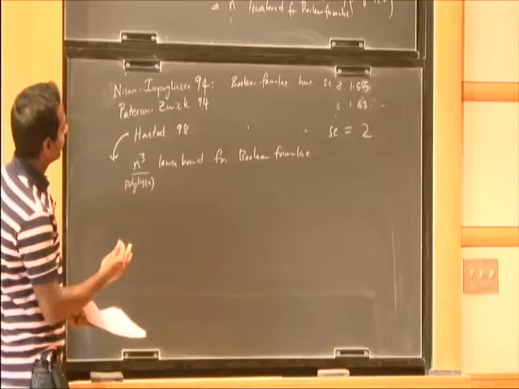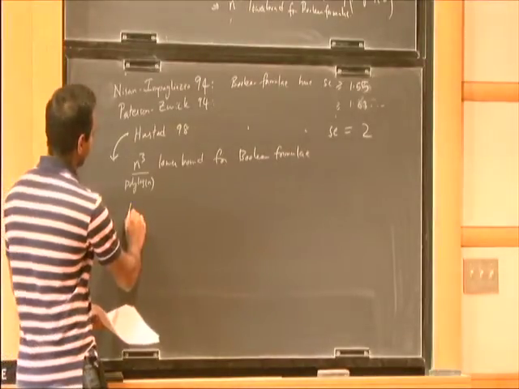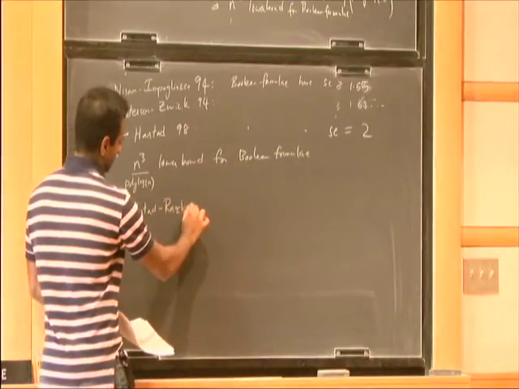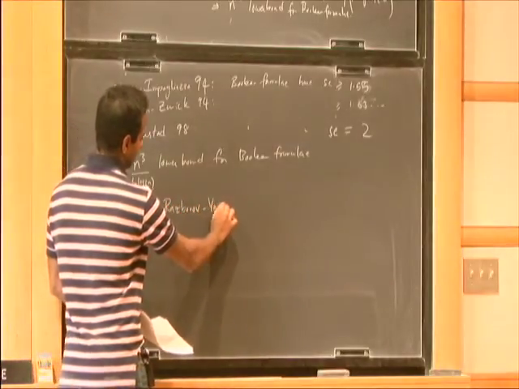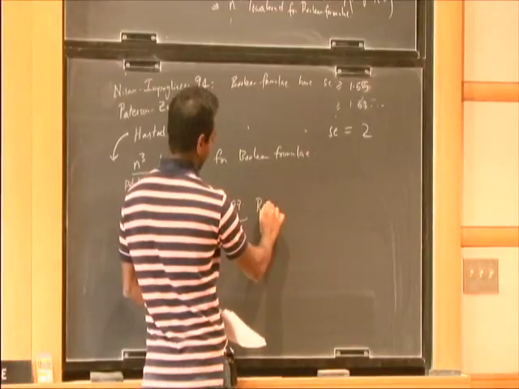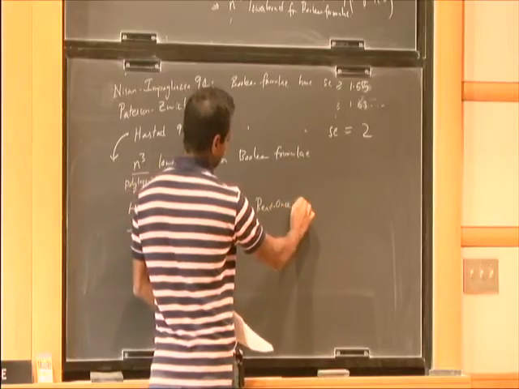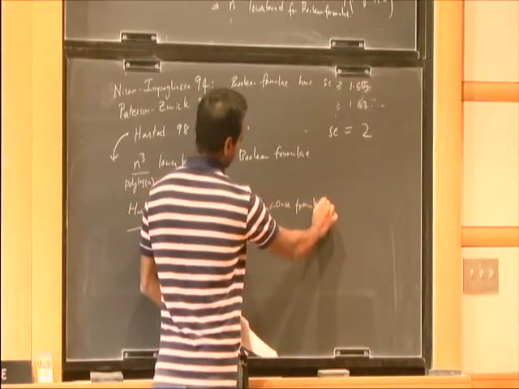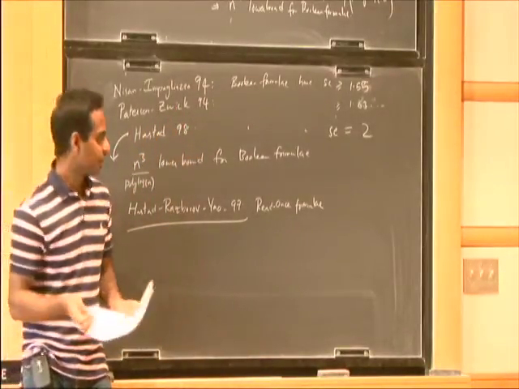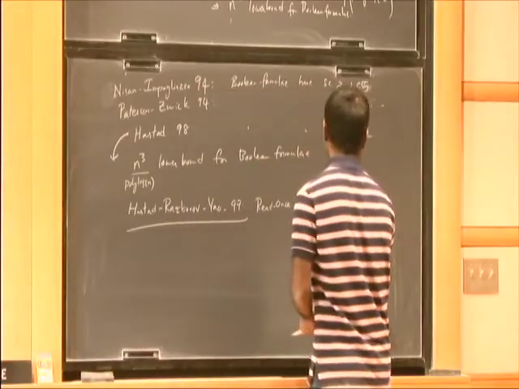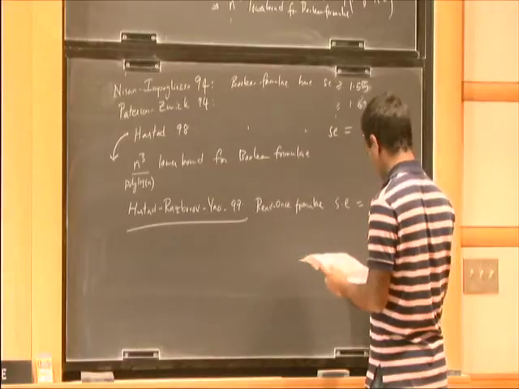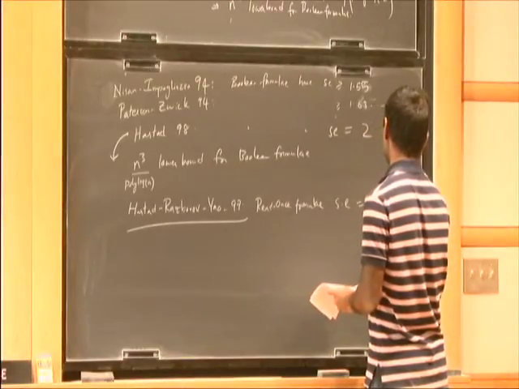For read-once formulae, something better is known. Håstad, Razborov, and Yao in '97 showed that for read-once formulae, which are Boolean formulae where each variable appears at most one time, the shrinkage exponent is something like 3.27.